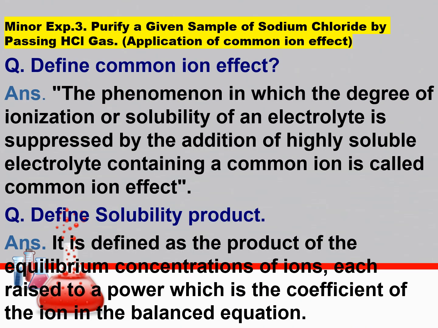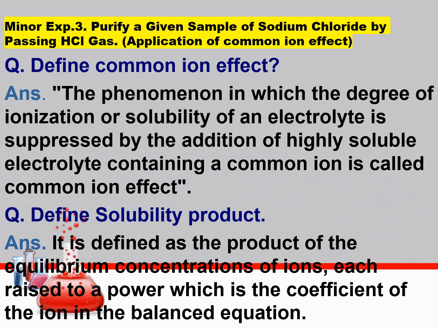Now the questions relating to this experiment can be define common ion effect. Common ion effect is also there in your 11th grade theory, the phenomenon in which the degree of ionization or solubility of an electrolyte is suppressed by the addition of highly soluble electrolyte containing a common ion is called common ion effect.